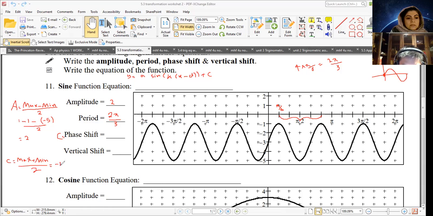So -1 plus -5 divided by 2 is -3. Here is -3. So this is the axis, vertical shift. Let me just erase that. So C is a vertical shift, is -3. So the axis is that one, see?